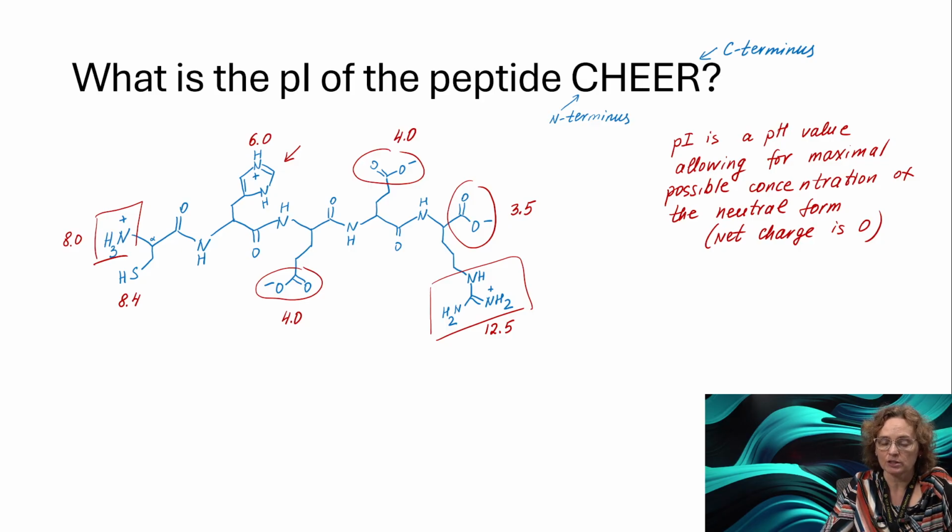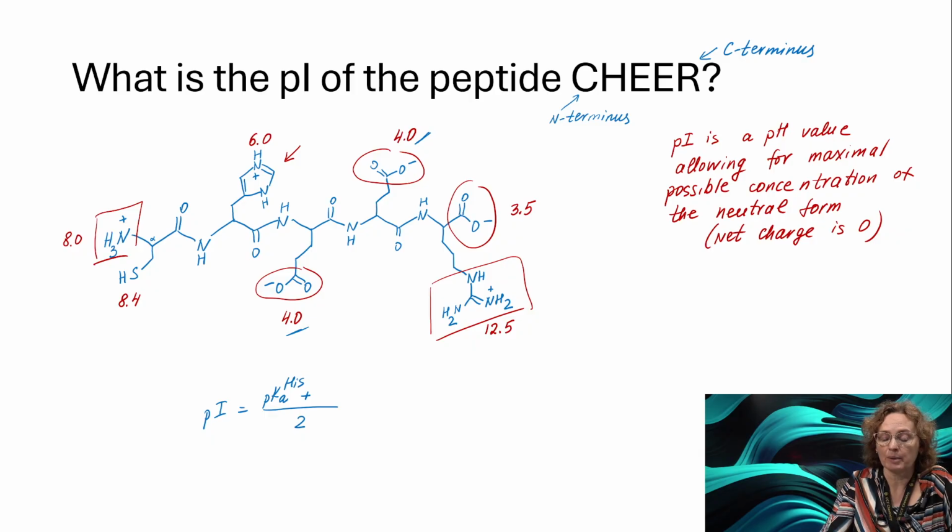At what pH can I actually protonate my histidine without, for example, protonating the carboxyl group or deprotonating, let's say, the thiol group or alpha amino group? That will be at a pH that is between the pKa for my histidine and the closest pKa for the carboxylic acid. So here I have 4.